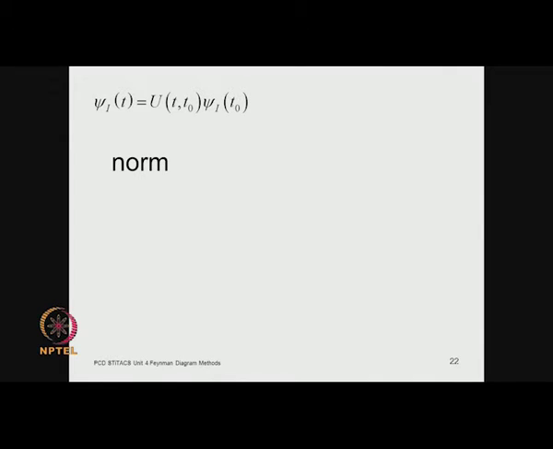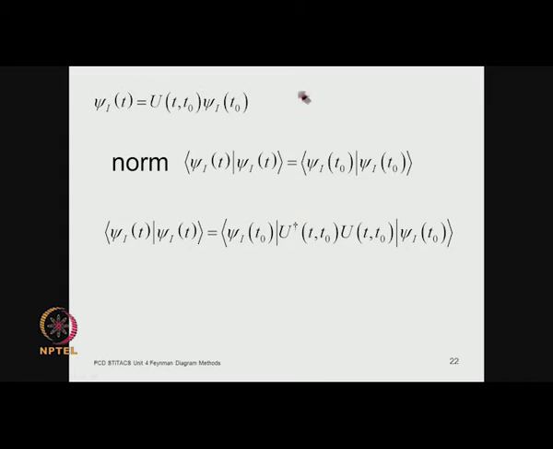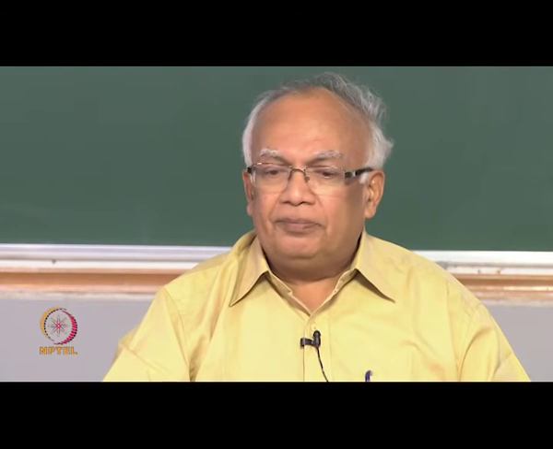The reason it is unitary is because it preserves the norm. You look at the wave function, you construct its norm. So, this is the norm of the wave function in the interaction picture and you obtain it by looking at the evolution from t0 to t on the ket, and the adjoint vector is given over here, and this operator being unitary, you have U dagger U equal to 1, and what you find is that the time evolution operator is essentially a unitary operator because it preserves the norm.